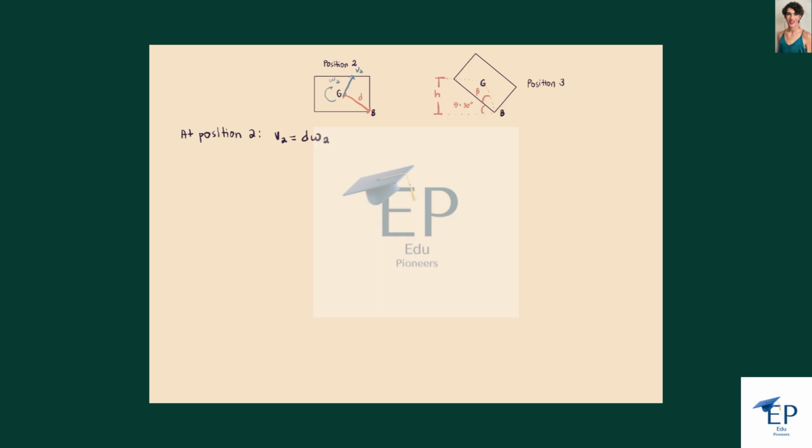Then at position 3, as you can see in the figure, the block rises for a height h and makes an angle of 30 degrees with the horizontal, because that's the condition in the problem.